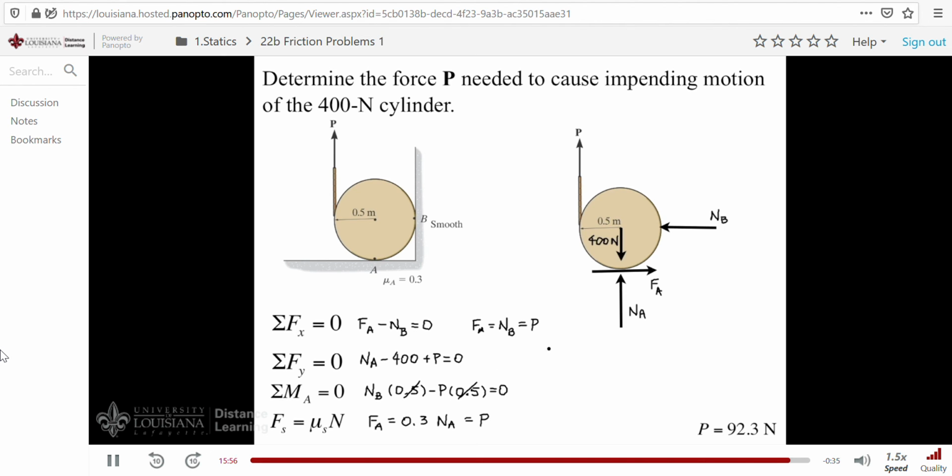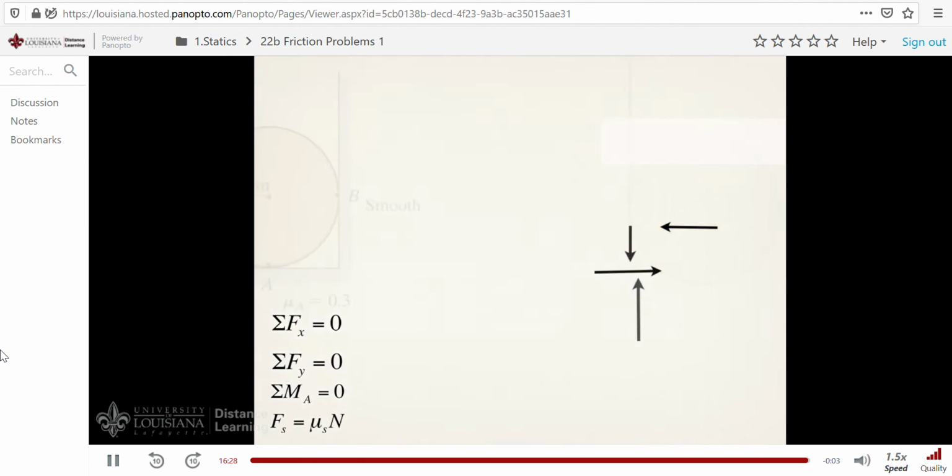I'd have the following. P divided by 0.3 minus 400, and plus P, and this all equals 0. Now we can solve for P and get our result, 92.3 newtons. And so having completed this problem, now we'll end our lesson.